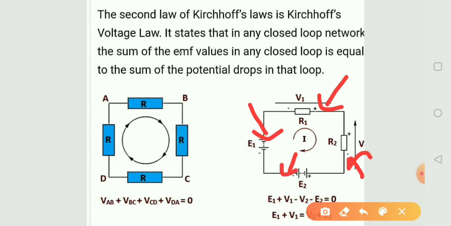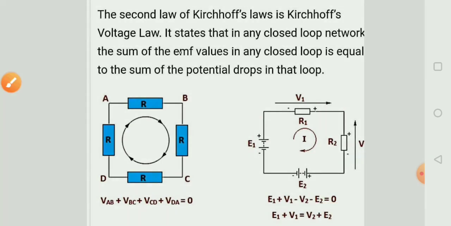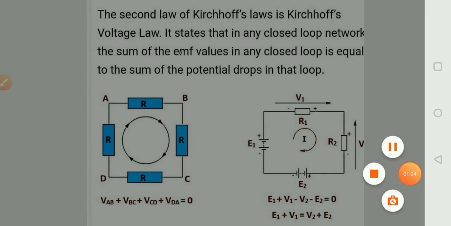According to this law, if we apply it in this circuit, the equation becomes E1 plus V1 minus V2 minus E2 equal to 0. And we can say E1 plus V1 equal to V2 plus E2.